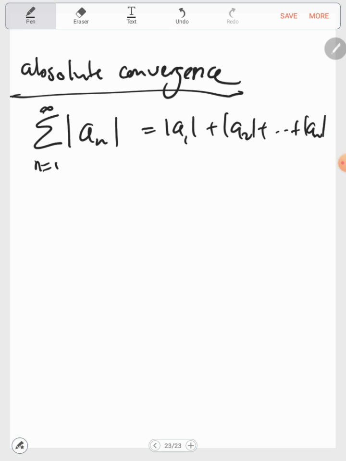So if each of the absolute values of the terms converge, then the series will also converge absolutely.